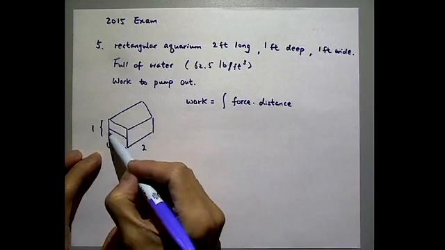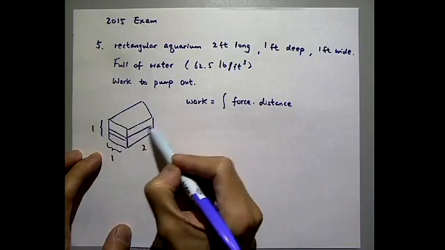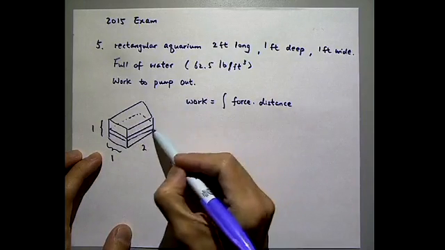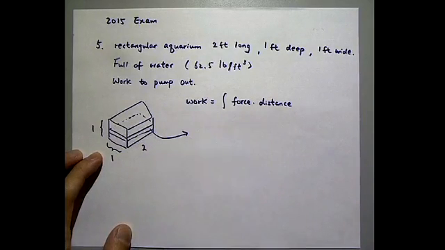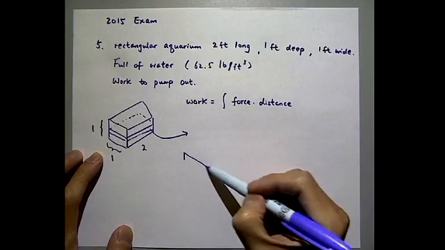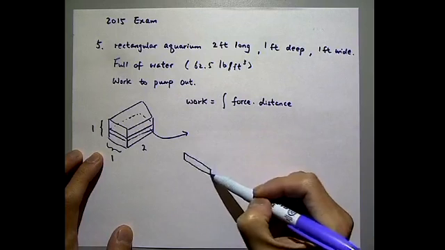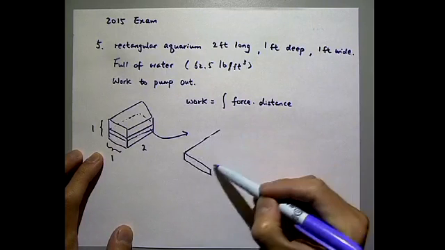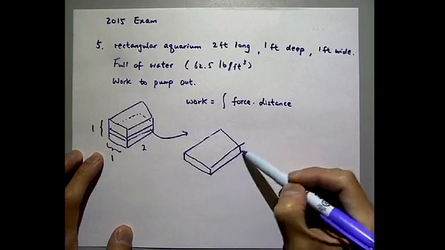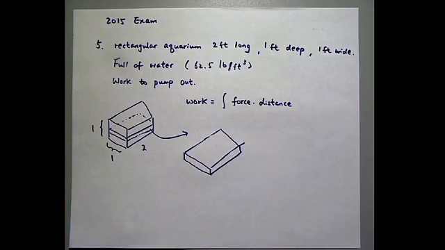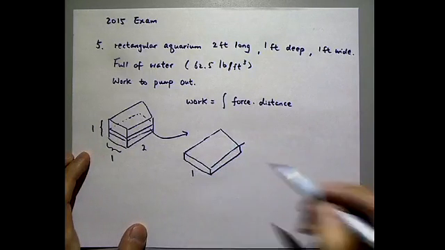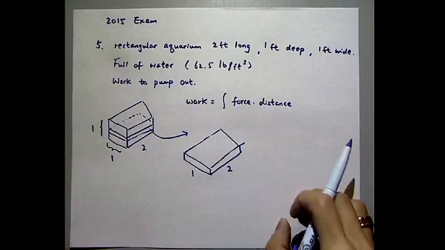Okay, so as usual, let's look at one slice of that water. And when you take it out, we'll see a slab that looks kind of like that. And it's 1 foot wide here, 2 feet long.